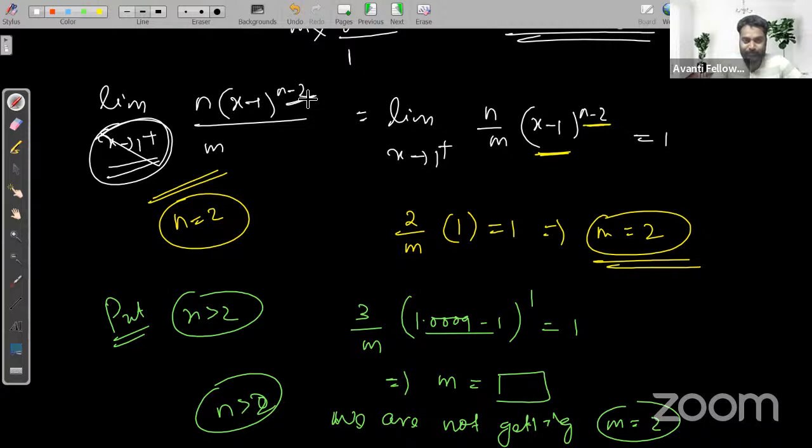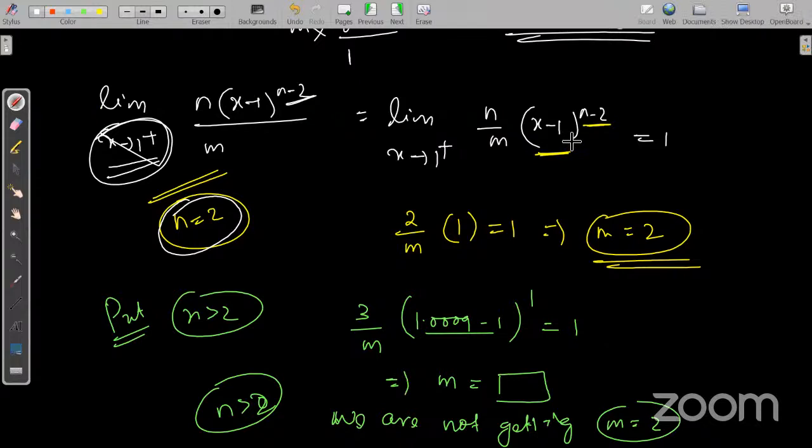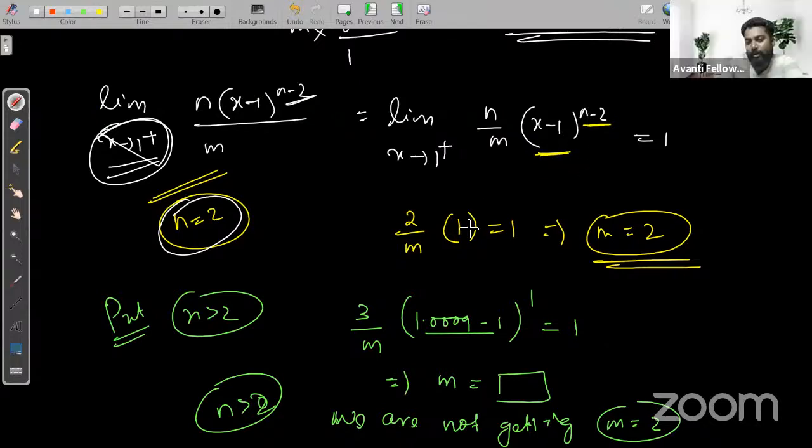When you are putting n is equal to 2, what you are getting? n/m, sorry, n is 2. So 2/m, you can check here, that is 1 point something.